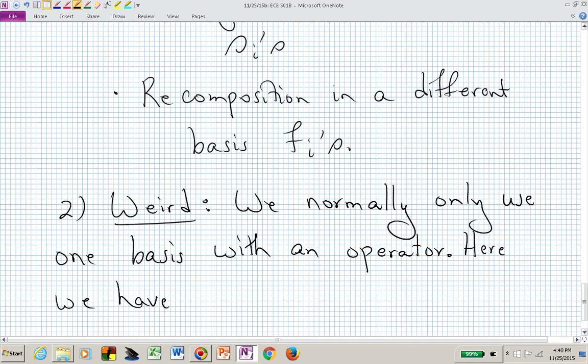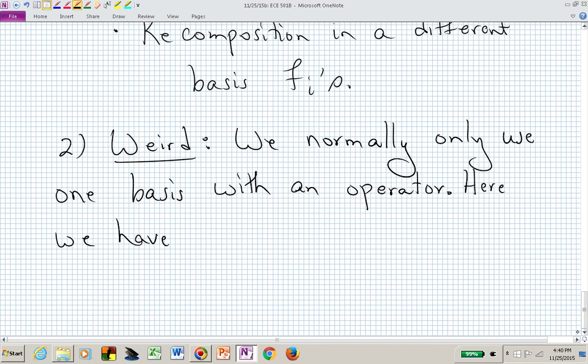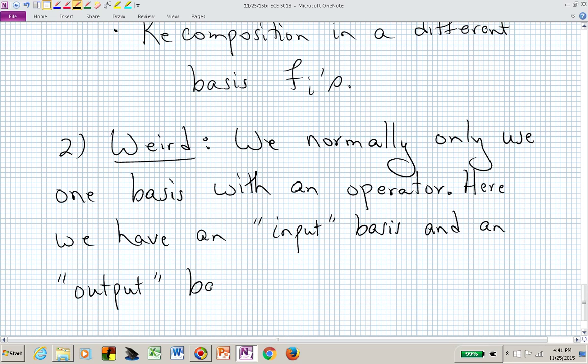You could say that's the V decomposed on the E's, and then we have an output basis, which are the F's. Here we have an input basis and an output basis.